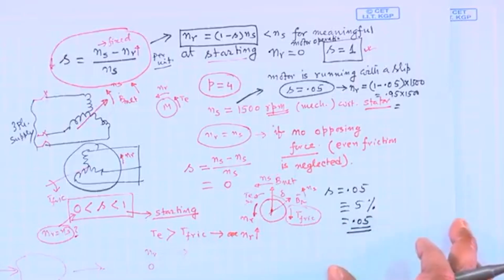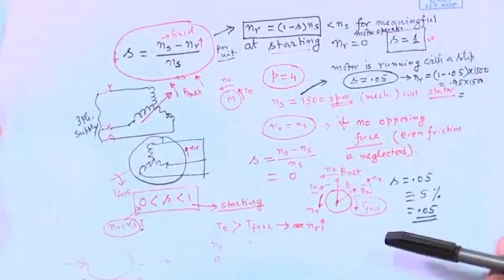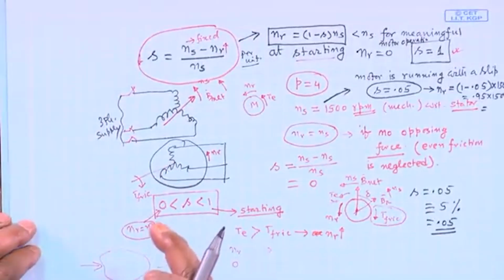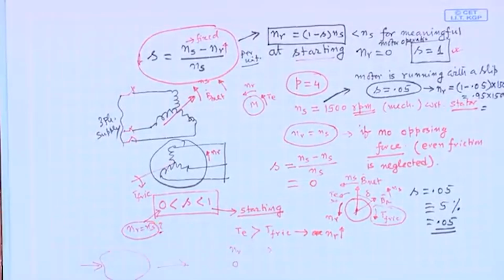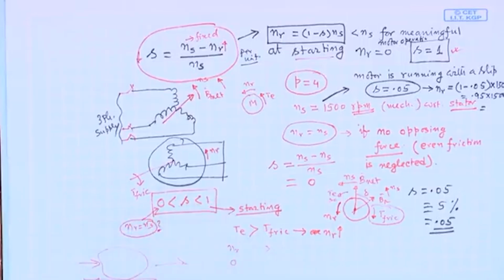So, in today's class what I have done is this, I have defined one important term called slip and told you about what is the range of the slip value for motoring operation. It will be between 0 to 1. Can slip be equal to 0?